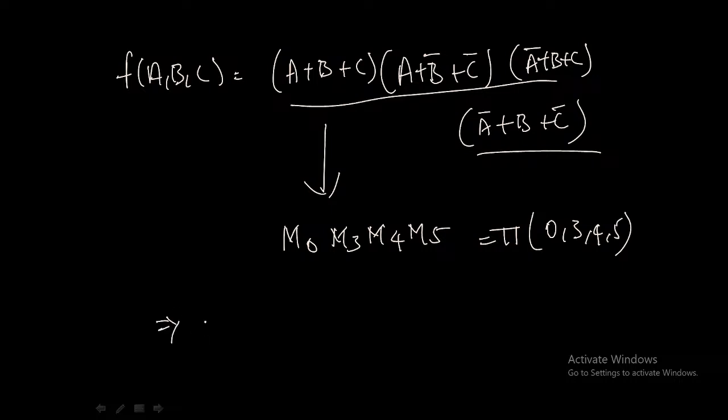So if we complement a min term, m j bar is equal to capital M j. The complement of a min term is equal to a max term, or the complement of a max term is equal to a min term.